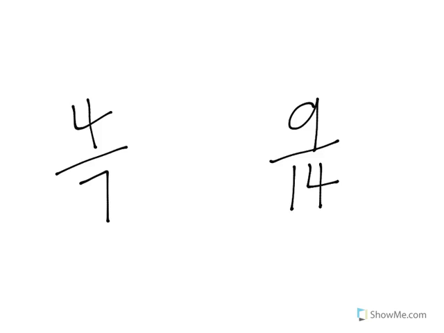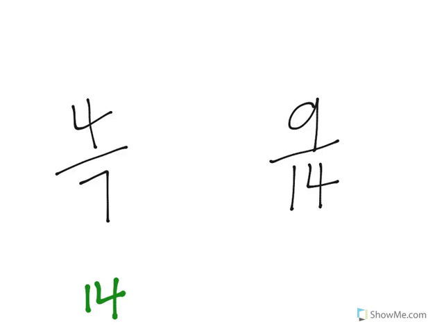So if I have 7ths and I have 14ths, and I split each 7th into 2 pieces, they're now 14ths. And so when I'm splitting my 7ths into 14ths, not only am I splitting all 7 pieces into 2 more pieces, which are now 14ths, but I'm looking at that part whole.